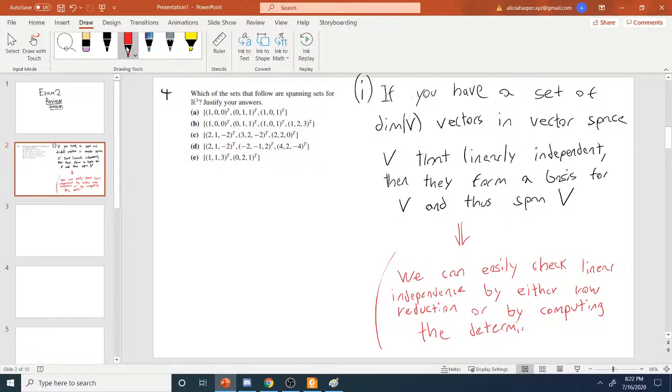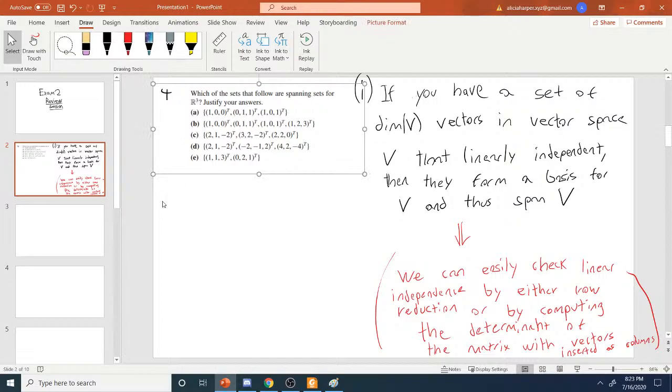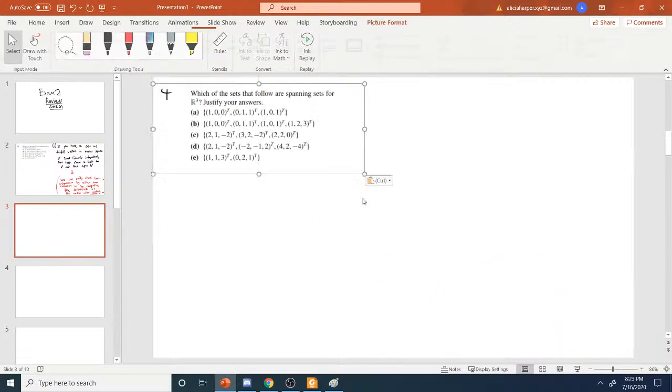And by this I mean the determinant of the matrix with the vectors inserted as columns. So I proved this in class, and it's a general theoretical fact, but we can use it to answer this particular question. I'm going to go through a few of these. I won't solve them all, but I'll illustrate the general approach.